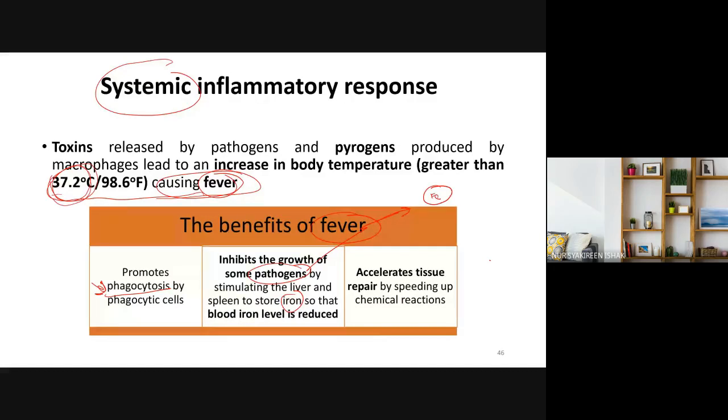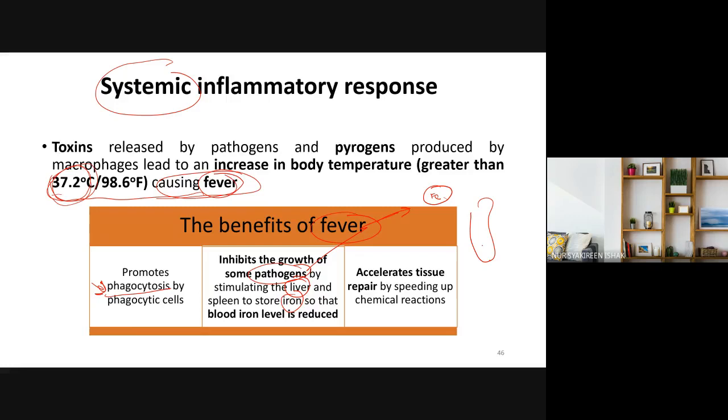Okay, so cell of the pathogen requires iron. If the host stores the iron, okay, in the liver, so maksudnya dalam badan orang tu dah kekurangan iron. So mana bakteria tu nak dapatkan iron? So dia tak boleh nak hidup dah lah, faham tak? So another benefit of fever.